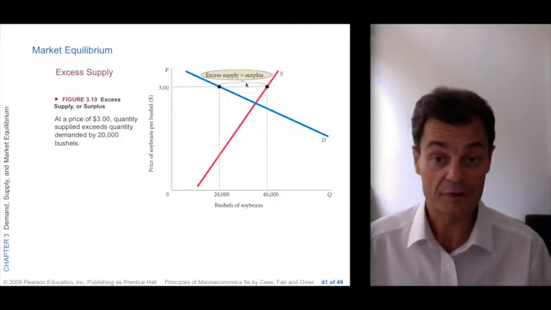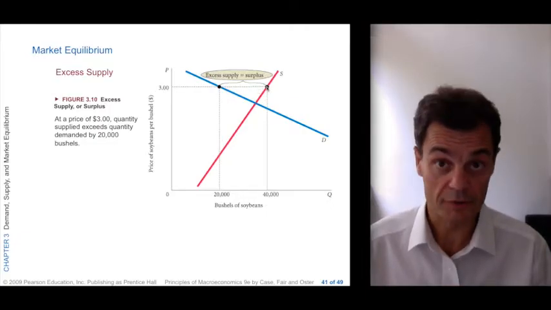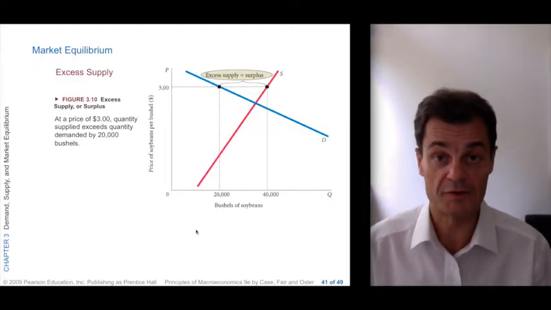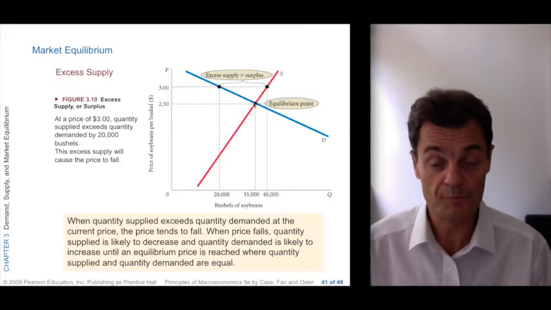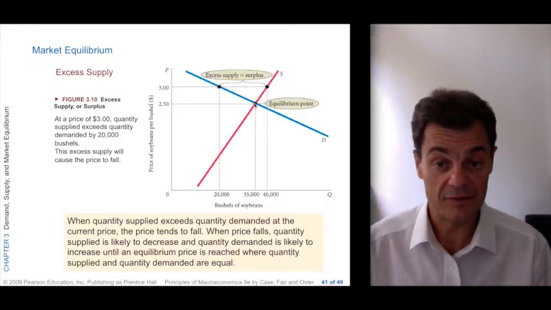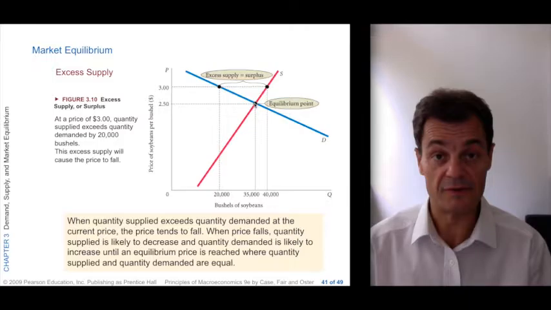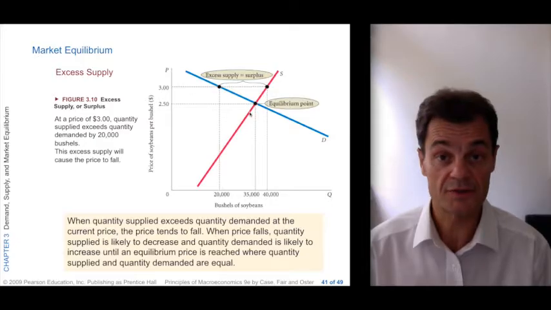There is a supply excess, or a surplus, of bushels on the market of 20,000. And to find an equilibrium, the market will adjust the price, and the price will go down to $2.50, whereby the demand meets the supply and the quantity demanded equals the quantity offered. The new price at $2.50 ensures that the market is in equilibrium.